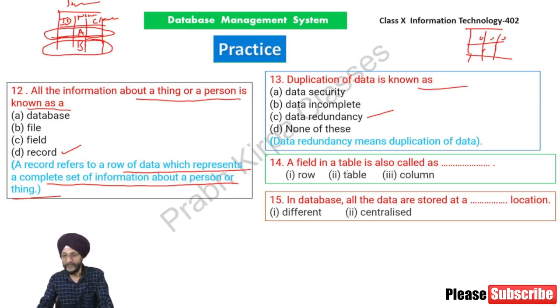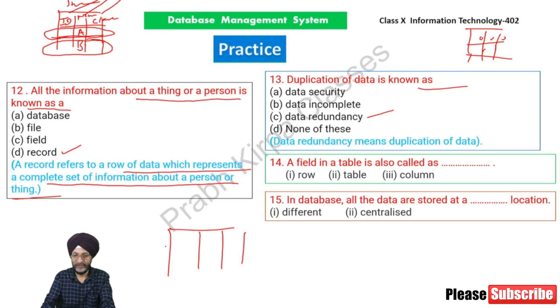A field in a table is also known as, as already told, if there are, these are three fields. You can see here clearly. These are rows, these are fields 1, 2, and 3. These are fields: employee ID, employee name, employee class, department.